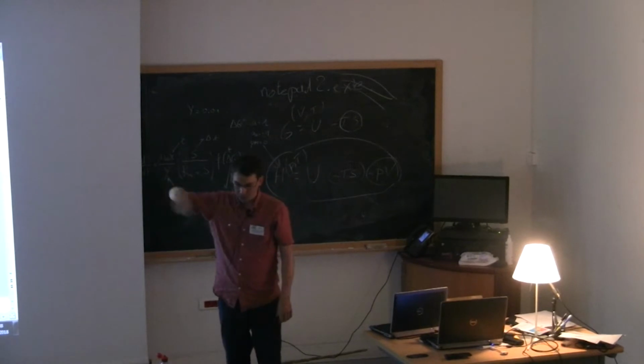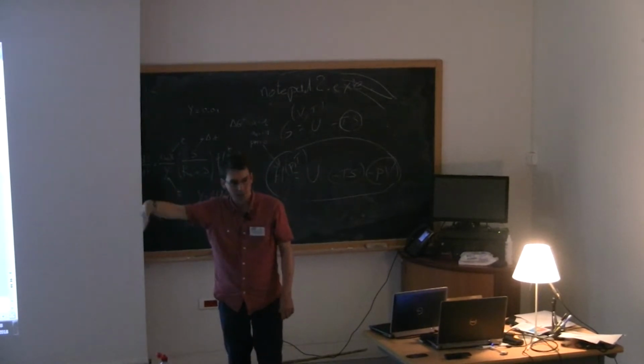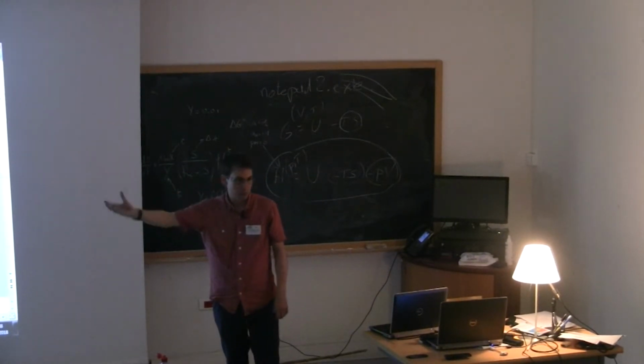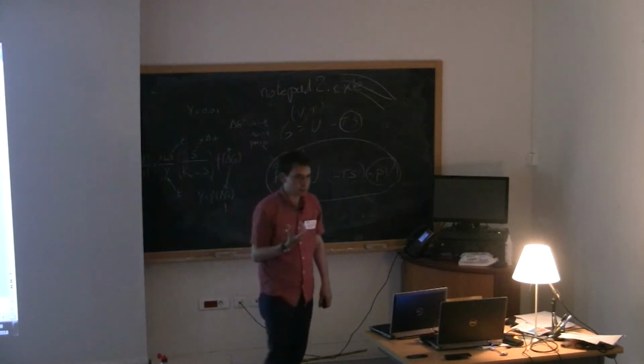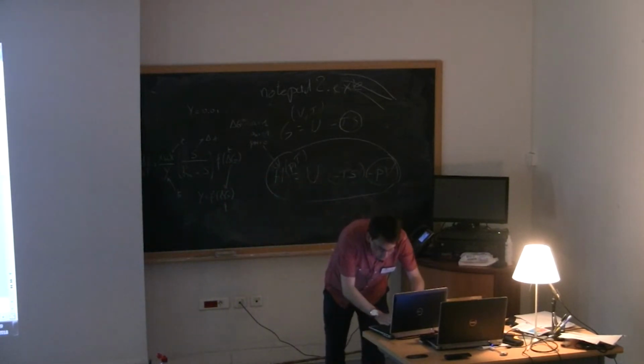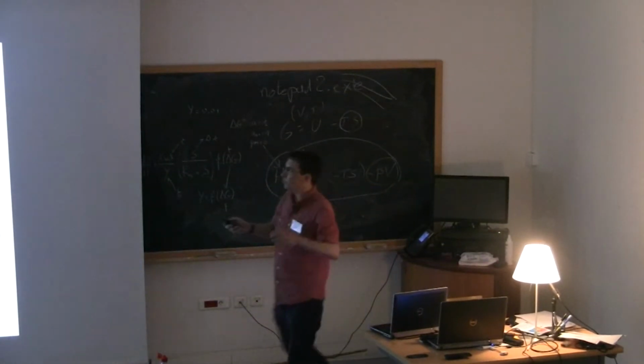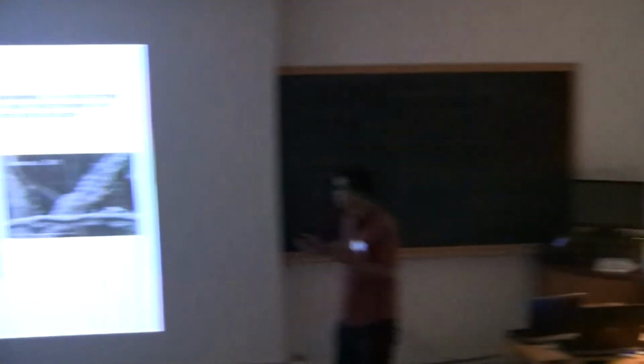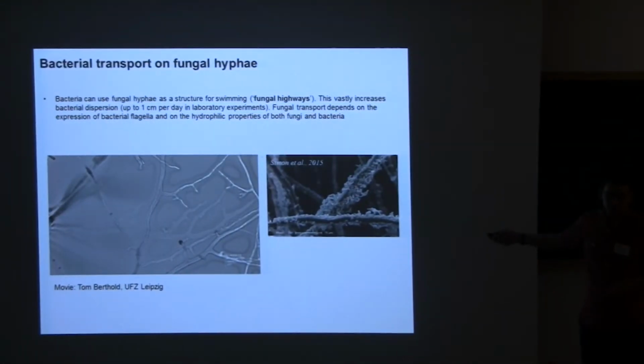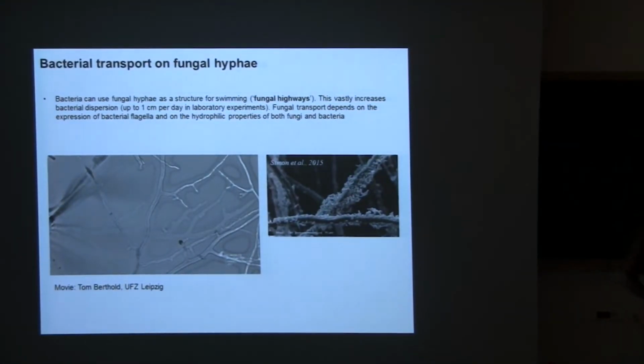They could use the hyphae to go to a new environment that would contain, let's say, an attractant, and that they would go there. So they would still be able to sense gradients, but it's also slightly more complicated to see. Okay, so many ways to move around in soil, and really fungal hyphae. Of course, this was done in the lab, but I'm absolutely convinced that it's also taking place in natural soils.